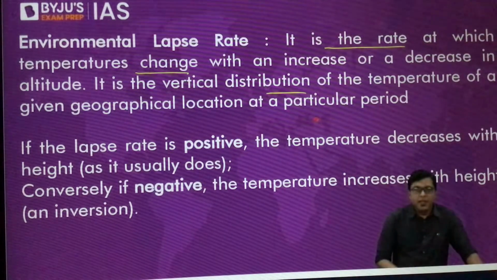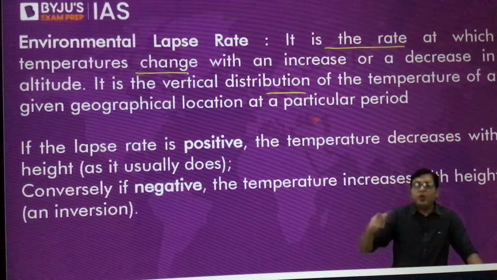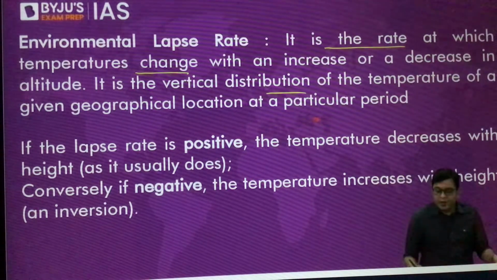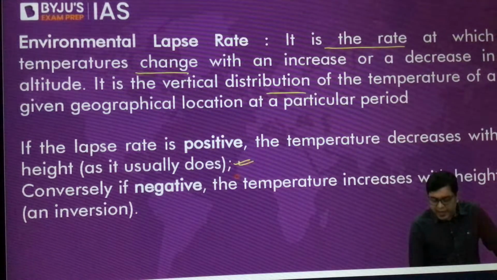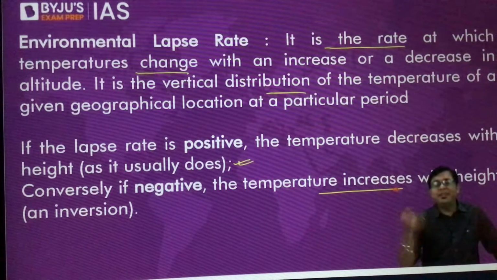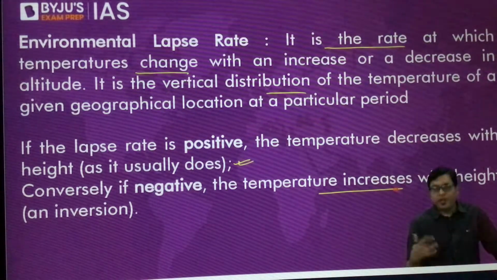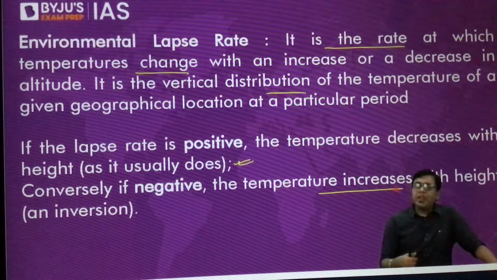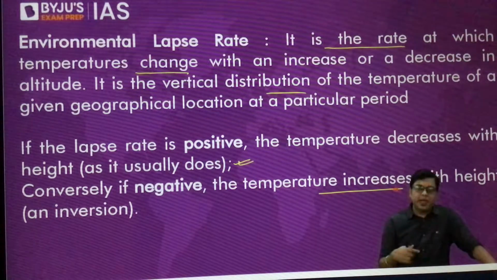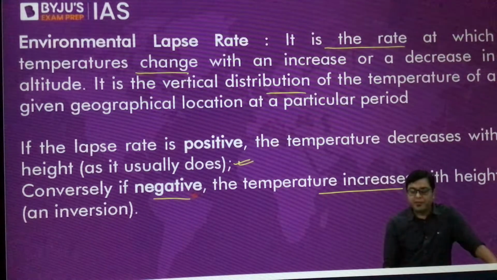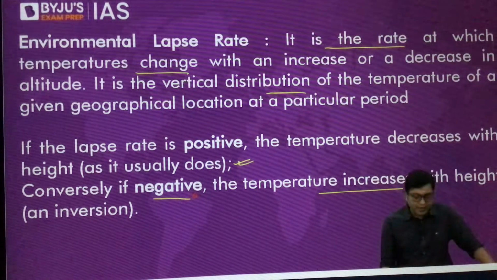If the lapse rate is positive, the temperature decreases with height, as it usually does. If the lapse rate is negative, the temperature increases with height, which is also referred to as temperature inversion.